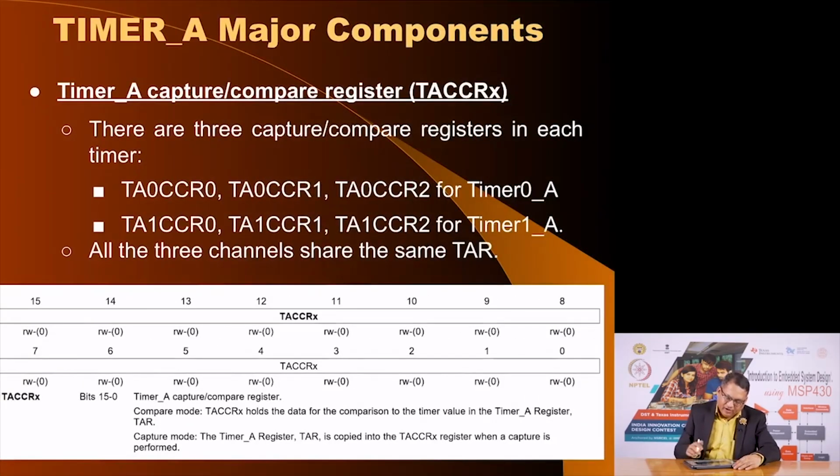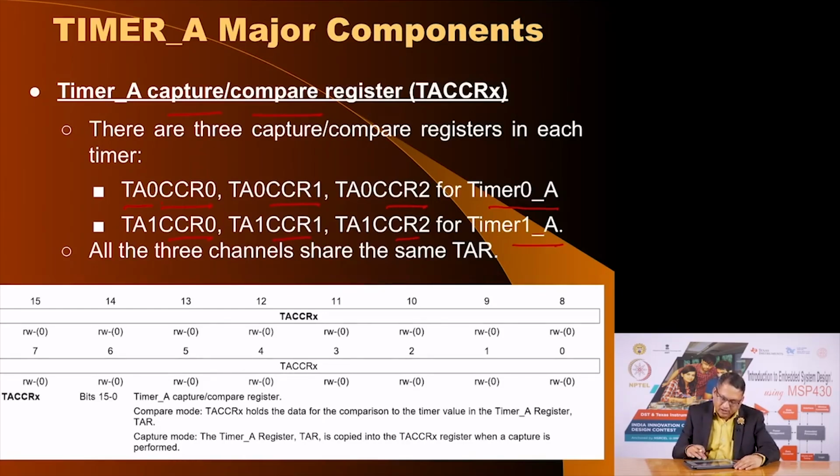You also have a timer capture and compare register, and there are 3 capture and compare registers for each of the timers: capture compare register 0, 1 and 2 for timer A0, and capture compare register 0, 1 and 2 for timer A1.